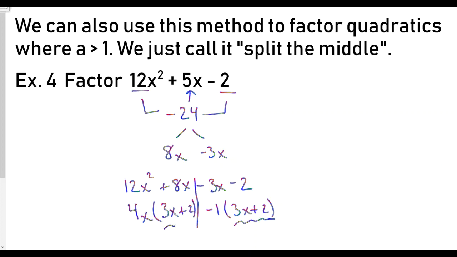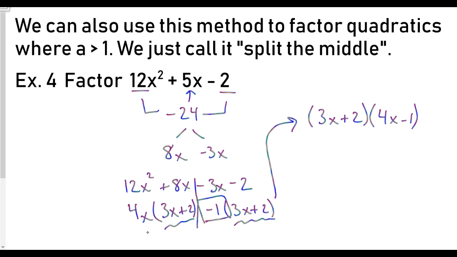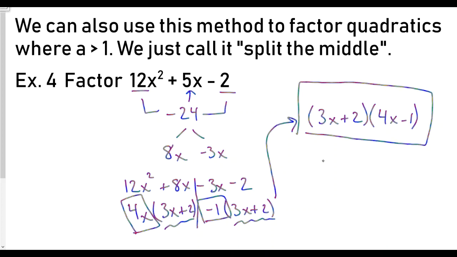So does this match this? It sure does. That tells me this is going to factor into 3x plus 2, and I'm going to multiply that by 4x minus 1, from these parts right here. So this represents my factorization.